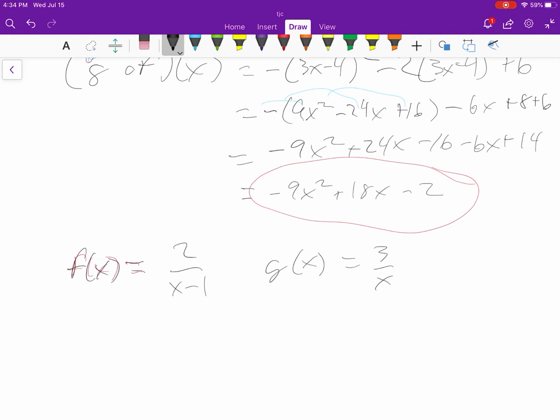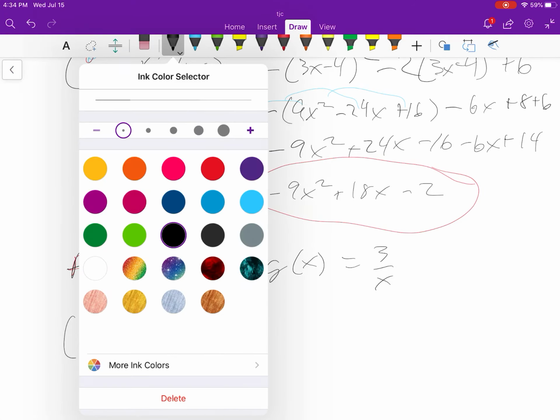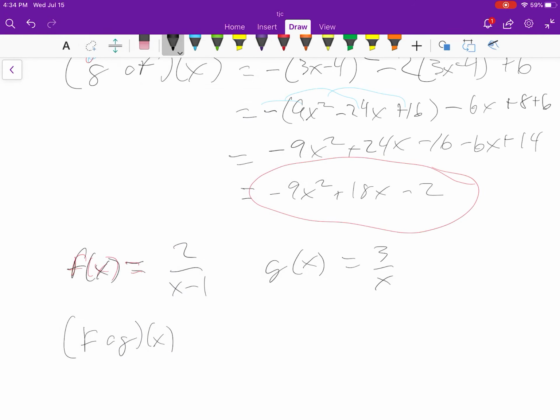Well, these are rational functions, and when you compose them, so we're doing f of g of x. You're plugging g in for x in the f function. So when we plug that in, your x is going to become 3 over x, like that. So notice this guy replaces your x in the f function.